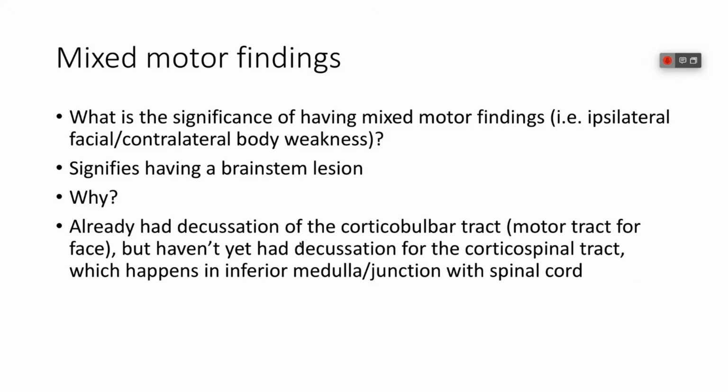You also know that it can't be at the level of the spinal cord, right? And so it really helps because then you know that it has to be some sort of artery that goes to the brainstem. So it's very, very useful. Sounds good?